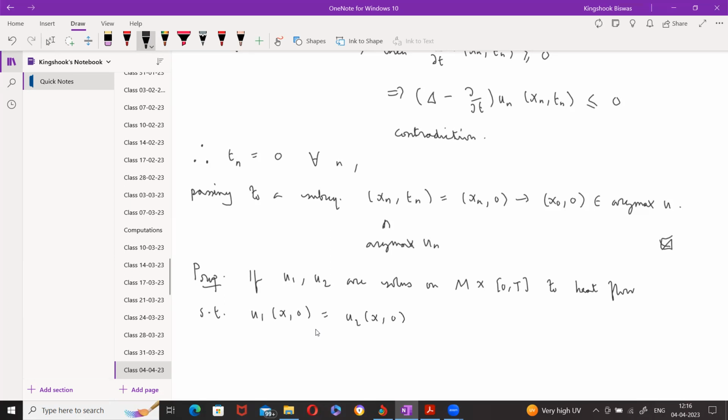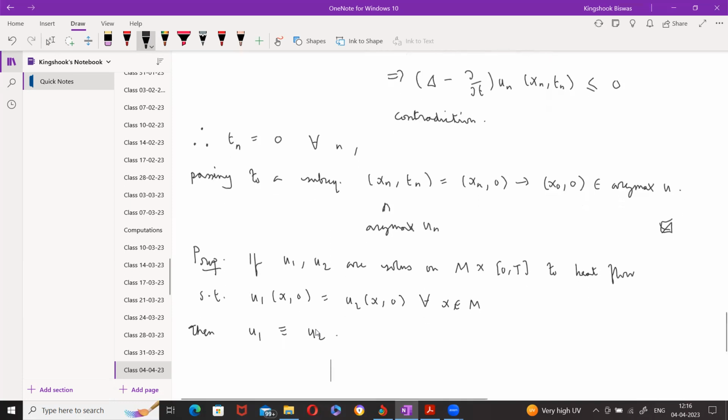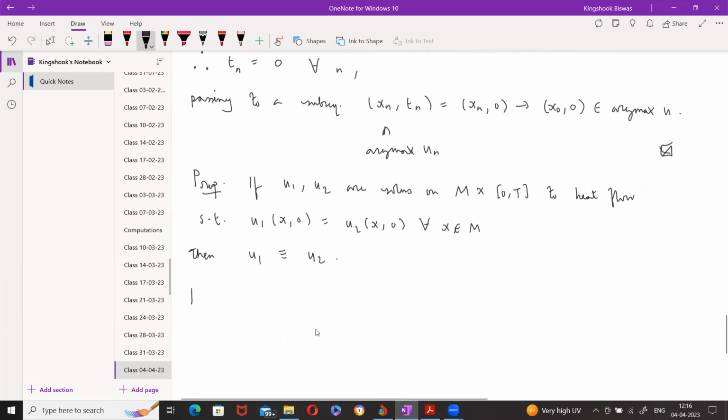So if they have the same initial value, then they are identically equal. Okay, so we can prove uniqueness of solutions to the harmonic maps heat flow.